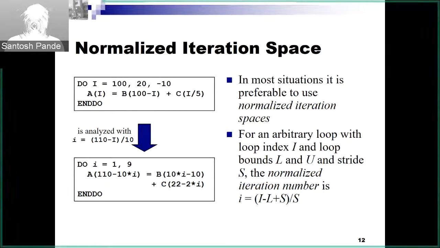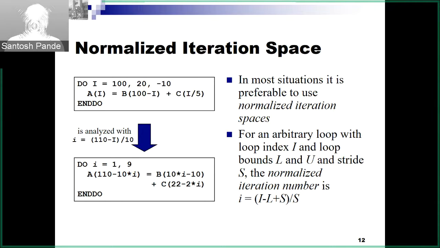And the general formula is shown here: i equals (I minus L plus S) divided by stride. In this particular case, you can see that if we apply this particular transformation, then the value changes in this particular way.